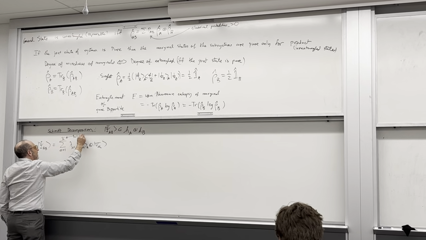I could think about these expansion coefficients in lots of different ways. I could think about it as a big column vector with dA times dB elements in it. Or I could think about it as a matrix. So I'm going to think about this, for example, as elements of a dA by dB rectangular matrix.